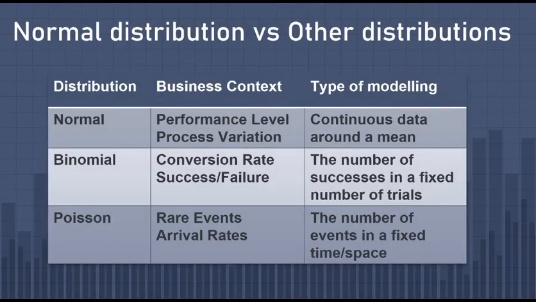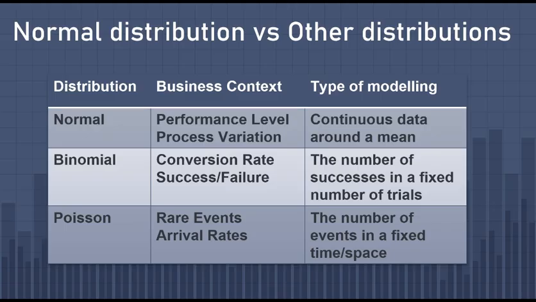Okay. Now, before we close, let us look at the difference between the normal distribution and the other distributions that we studied. The normal distribution, in the business context, can be used to understand the variation in a process or performance level, etc. It is meant for continuous data, which is symmetrically distributed around the mean.